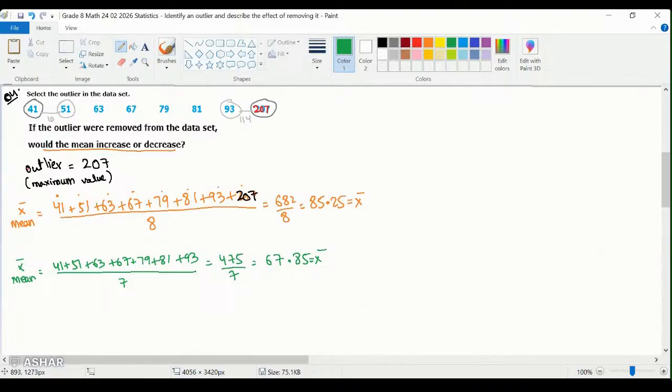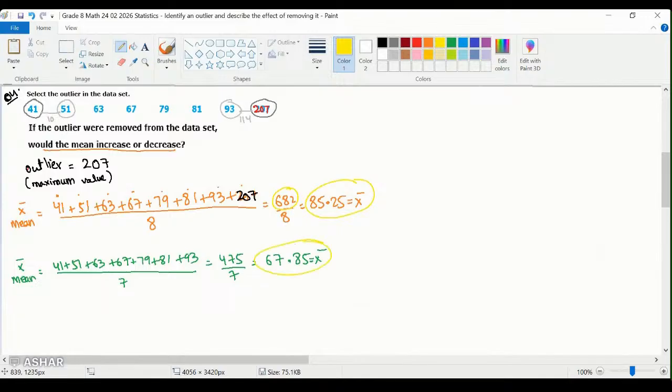I'll repeat again. When 207, that was the outlier, is included, the mean came out to be 85.25 because the total was a bigger number. But when we remove the outlier, the mean only stays at 67.85, right?